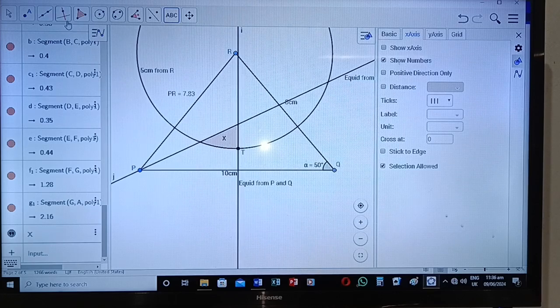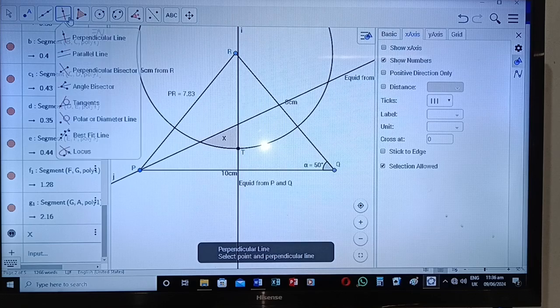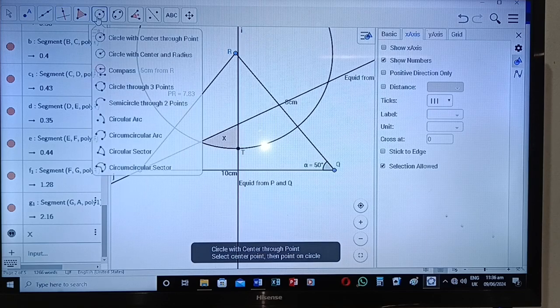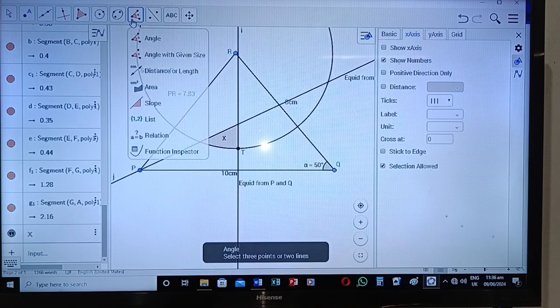When we want to draw a line of given length, we come here. When we want to bisect a line or an angle, we come here. When we want to draw a parallel line, we come there. When we want to draw a circle, we come there. When we want to measure anything, we come here and measure.